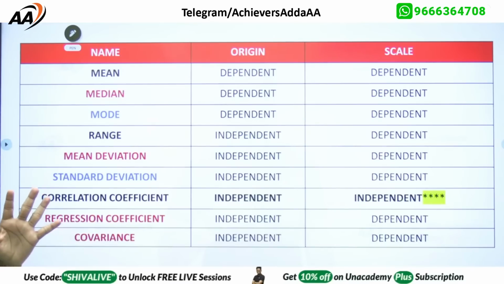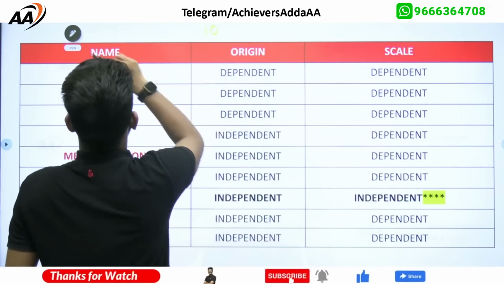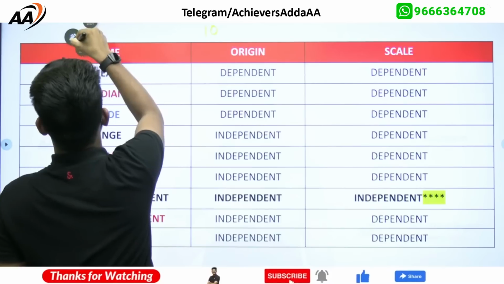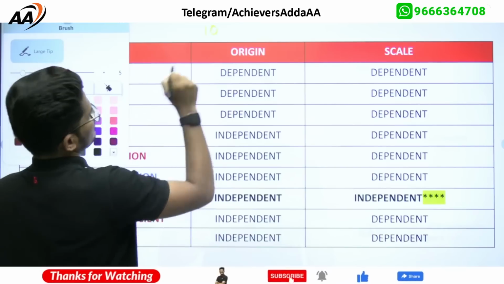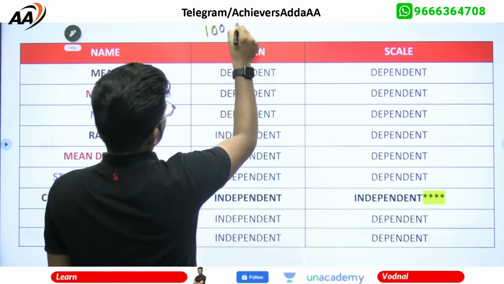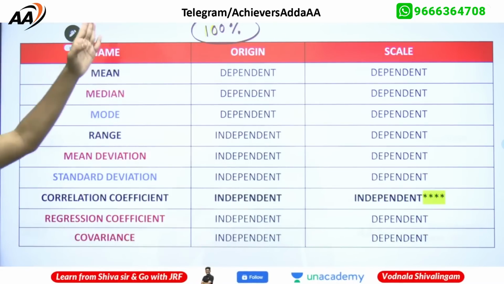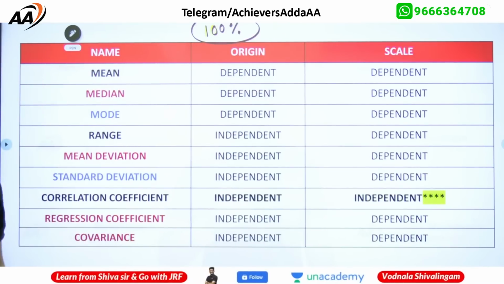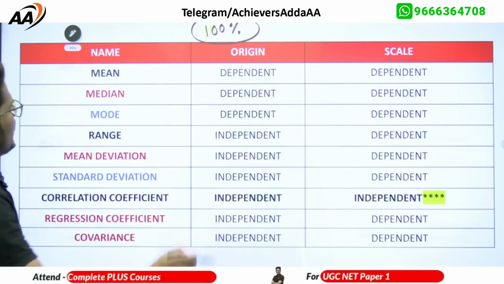So this is most important. I am telling you, 100% a question will come from here, in one way or another. Anyone out of all of these they will definitely ask in the exam.